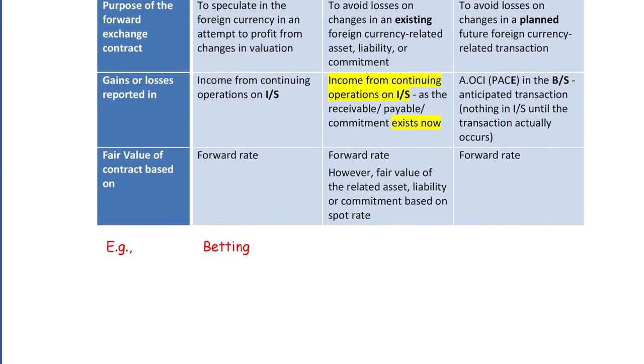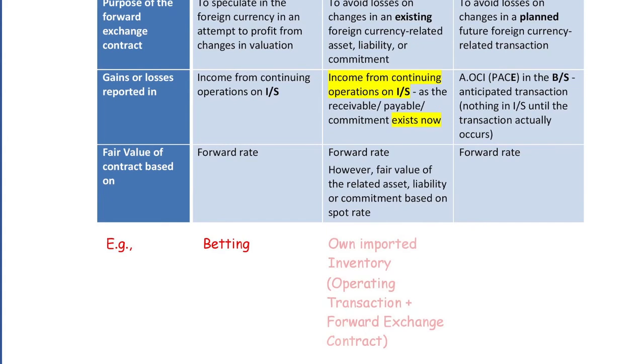And below this column, right, own imported inventory. And that sounds like, right, operating transaction plus forward exchange contract. So there's an operating transaction plus this forward exchange contract, where the purpose is to hedge, to avoid any possible losses.